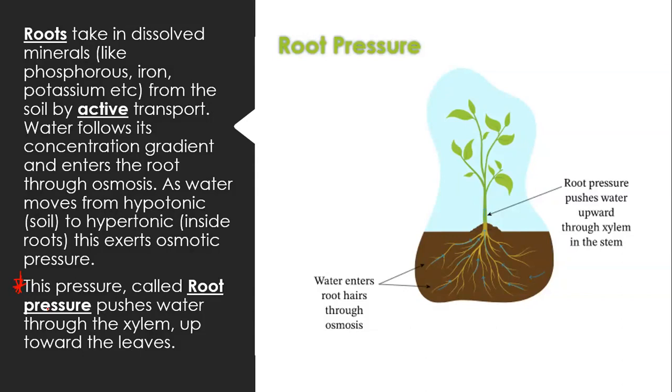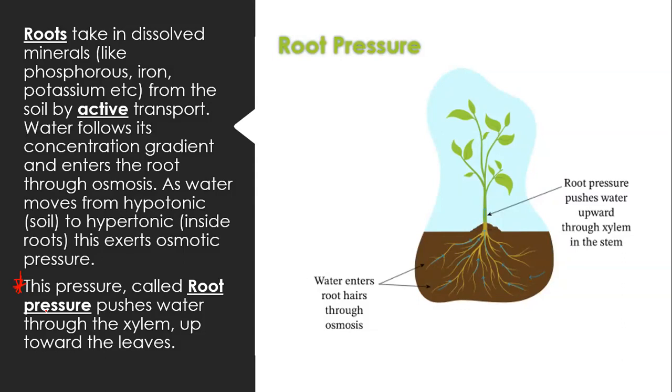The plant also has mechanisms in its roots to actively transport minerals into the plant that the plant needs to make new tissue. So, for example, plants need nitrogen, very important. There's nitrates and nitrites that are dissolved in the soil. Plants need phosphorus. Plants need iron, plants need magnesium, plants need all sorts of different minerals, and the plant will absorb those through osmosis, through absorbing water, and these things are dissolved in water.